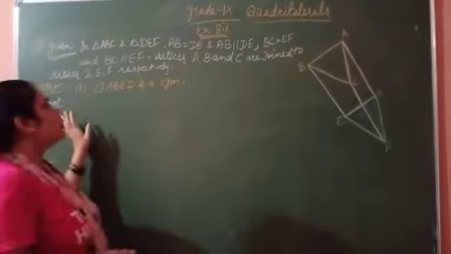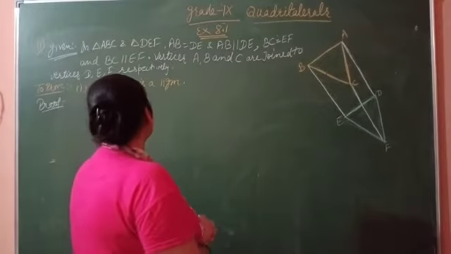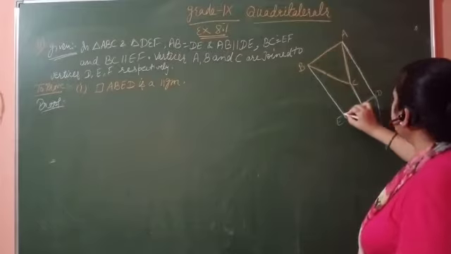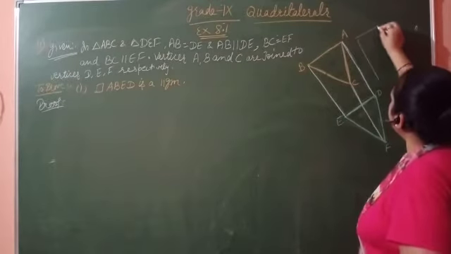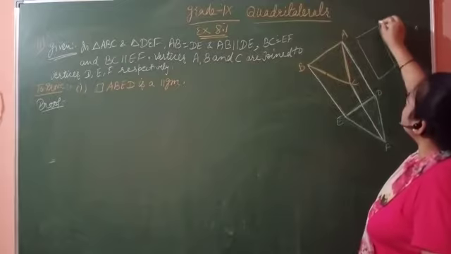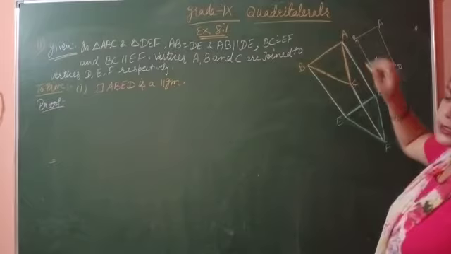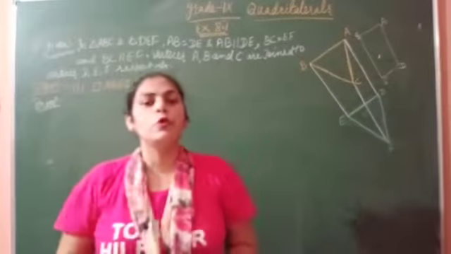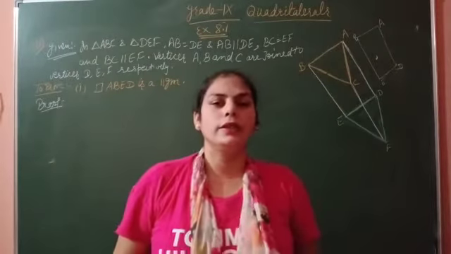Now what we have to prove? The first part is we have to prove that quadrilateral ABED is a parallelogram. When we have to prove that a quadrilateral is a parallelogram, two conditions are there.